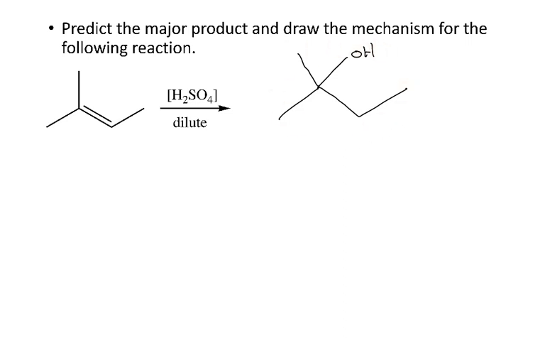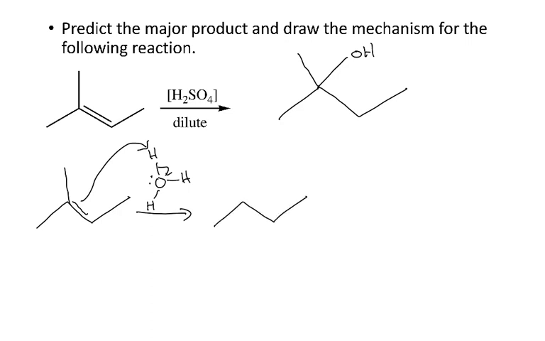It's not chiral. And if I want to look at the mechanism, the first step is my pi bond is going to attack a proton from my acid. And I'll go ahead and draw the hydrogen in, even though I don't have to. The hydrogen will add here, meaning the carbocation will be here.